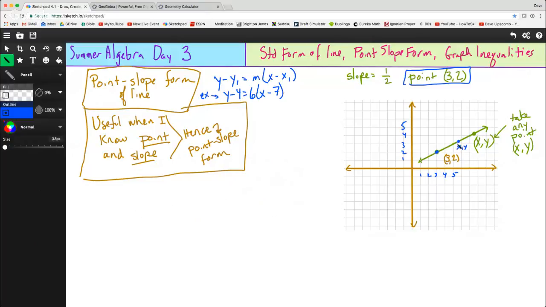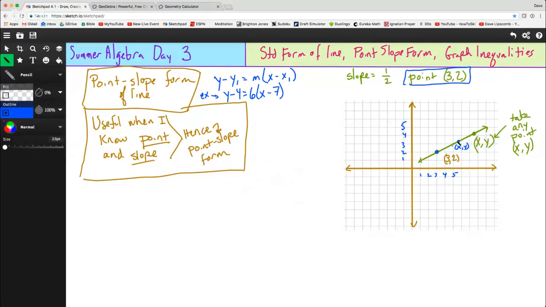All the points on this line are (x, y). Any point can be (x, y), and that's what we're looking for when we write the equation of the line. We're looking for some equation that has an x and a y in it that will work for every single point on this line, so that if you plug the point in, it will make the equation true.